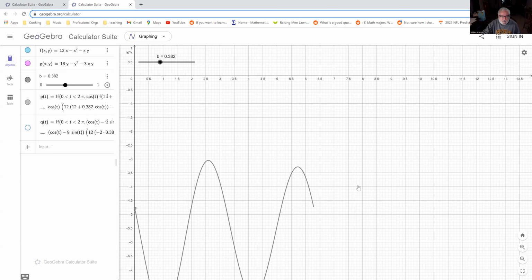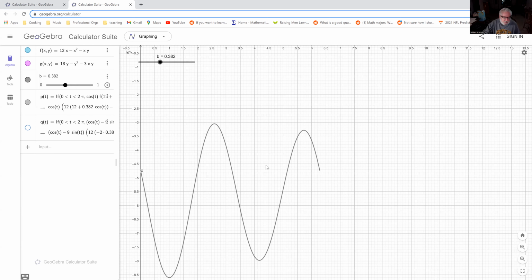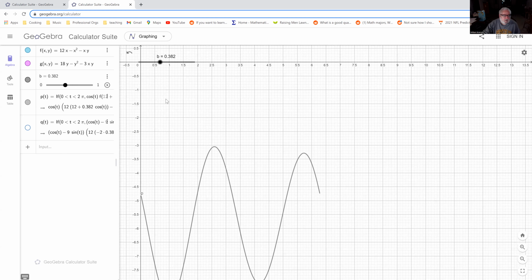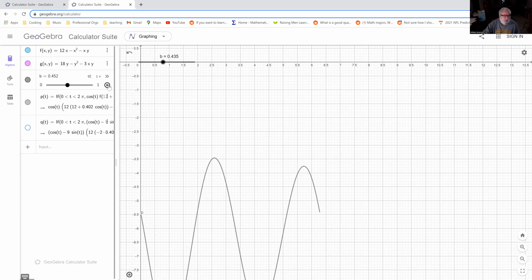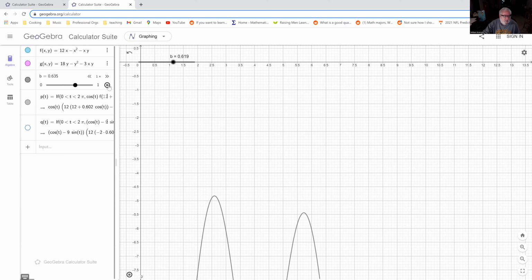Right, 2 pi, this is one cycle, once around the circle, and it's always negative. If we let the radius be very big, and then let it decrease from 1 towards 0, what we see is it gets closer and closer to 0.